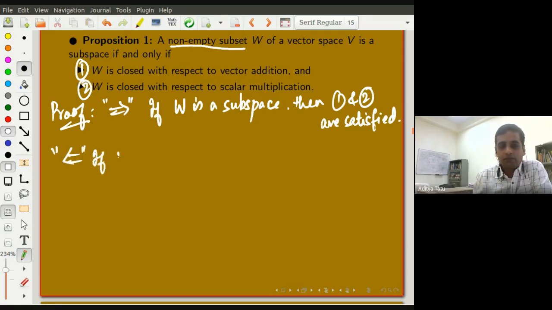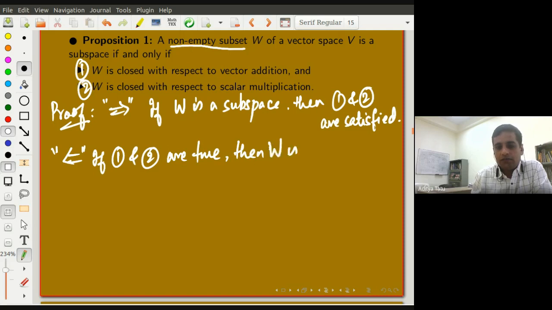If 1 and 2 are true, then W is a subspace. How do we show that?